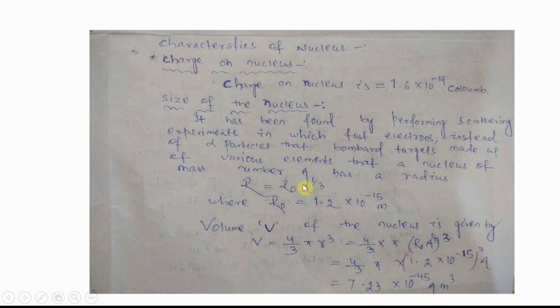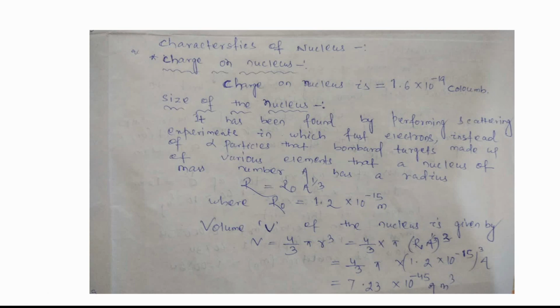So R proportional to A to the power 1 by 3, or we can write R equal to some constant R0 A to the power 1 by 3. R is the radius, A is the atomic mass. R0 equal to 1.2 into 10 to the power minus 15 meter.